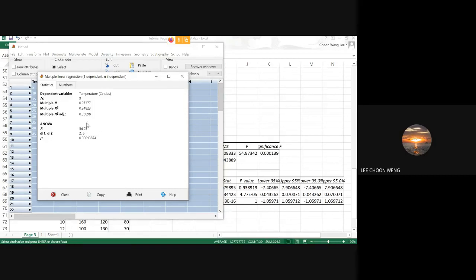So you can see that the regression is significant. P is less than 0.0005. Then you can see the growth rate against temperature.